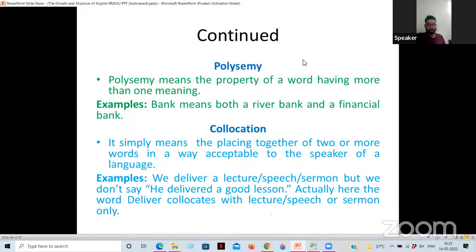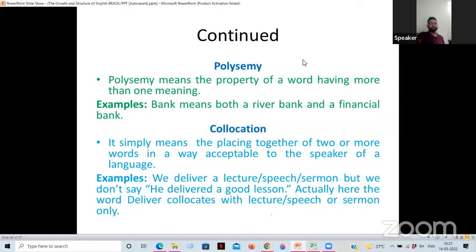As for example, see here the example of bank. Bank is a word, and the meaning of this word is ambiguous. Why? Because one bank can mean the river bank, another bank can mean a financial bank where we keep our money. Sometimes it can also mean the river bank where we used to go in some vacations.